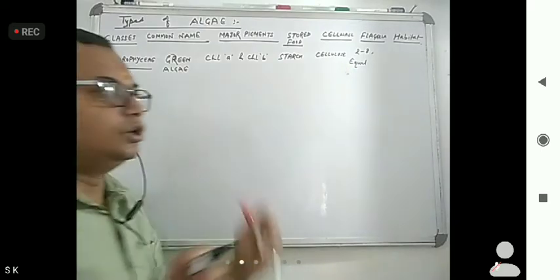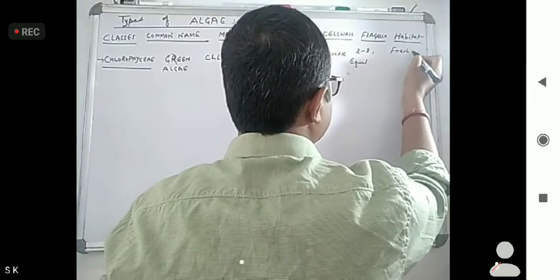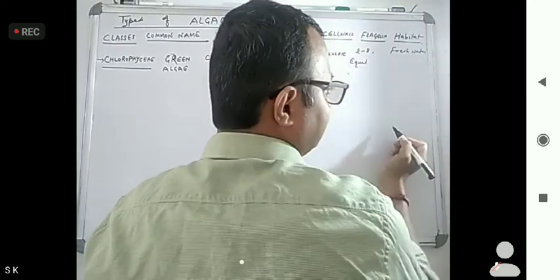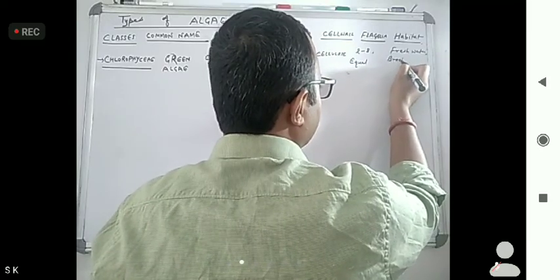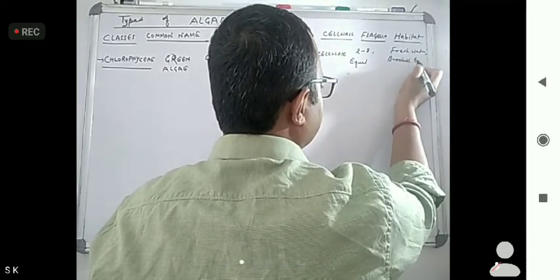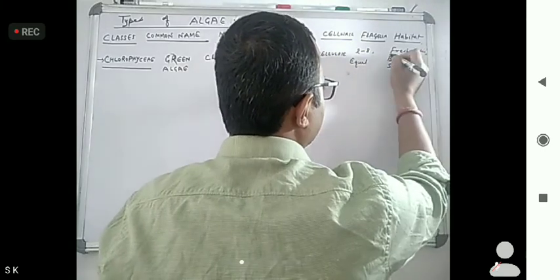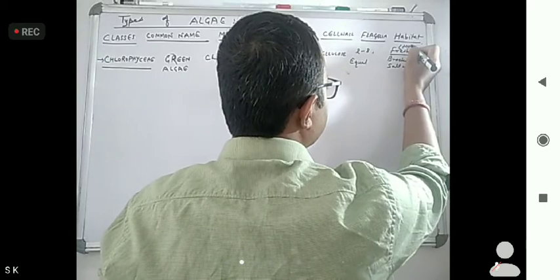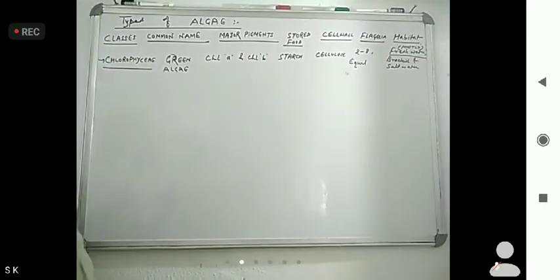Okay, now habitat is what? Mostly fresh water, but brackish and salt water also found. Mostly it is fresh water.